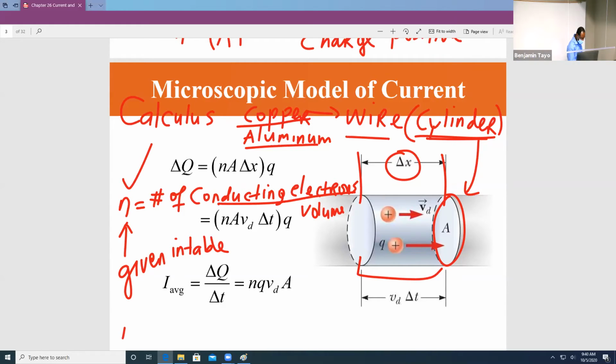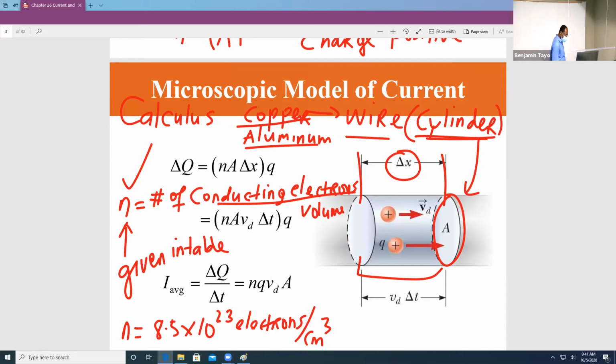For example, N could be something like maybe 8.5 times 10 to the power 23 electrons per cubic centimeter. That's the number that is going to be given to you in the problem. You don't need to worry about it.